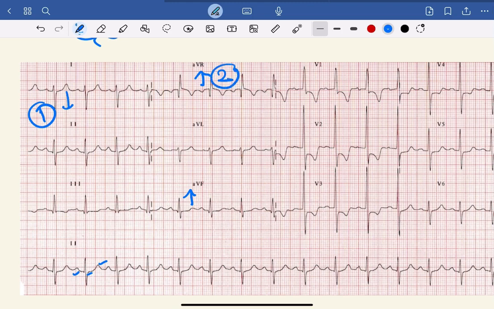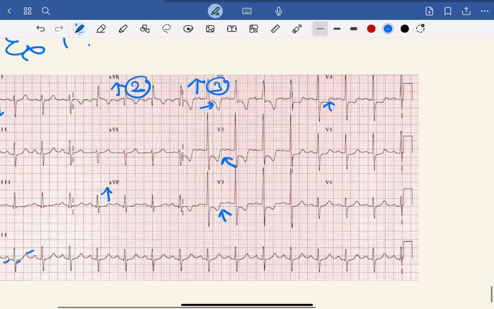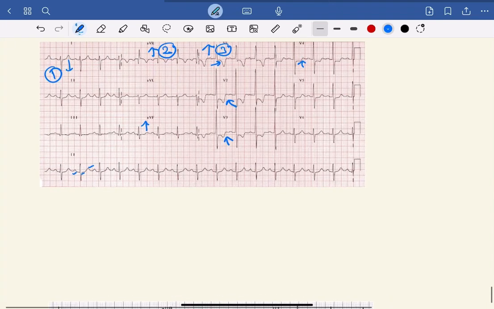Next in V1, see what happened here. There is also dominant R wave in V1. So that is 3. And there is ST depression and T wave inversion in lead V1, V2, V3, and somewhat look like V4 also. So this is right ventricular strain pattern. So these are all criteria which are suggestive of right ventricular hypertrophy.